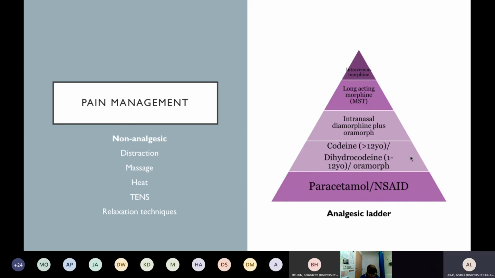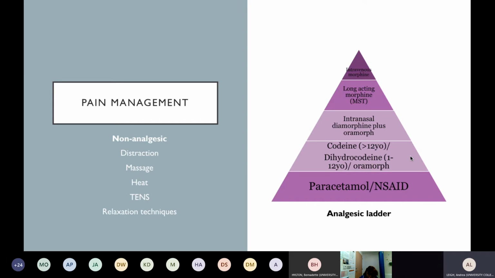There are some alternatives. Sometimes we'll use oxycodone, but most of our children are opiate naive, and those that do come in with frequent episodes needing opiates, the morphine tends to work well. If we're not able to control things despite good dose intensity of oral opiates, then we would go to an intravenous PCA or NCA, depending on their age. And we tend to go for morphine as our first option.